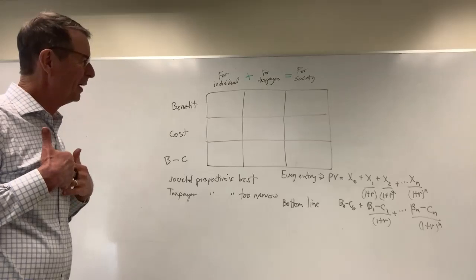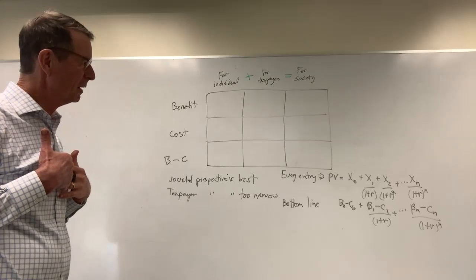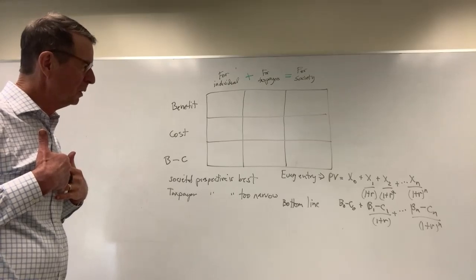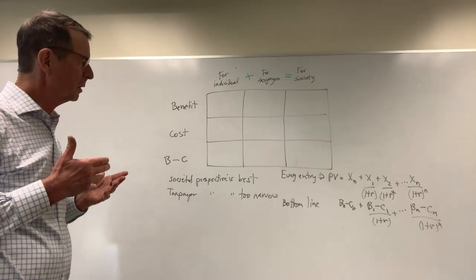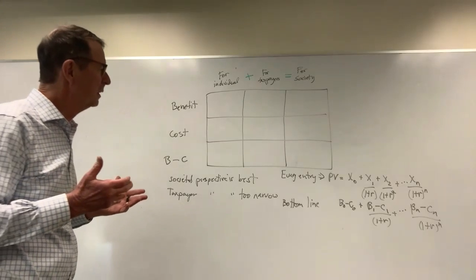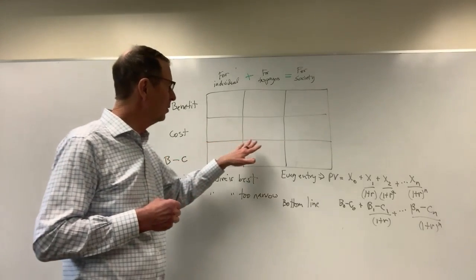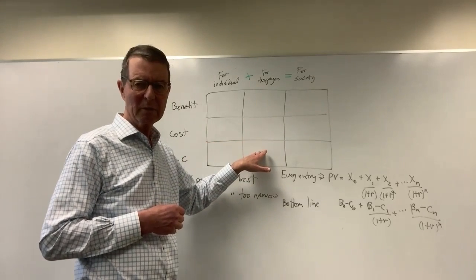It's a little bit annoying that a lot of times when government wants to know whether a program pays off, they want to know whether it pays off for taxpayers.